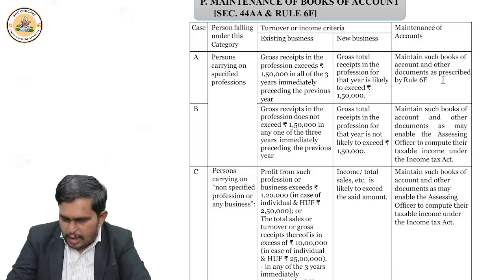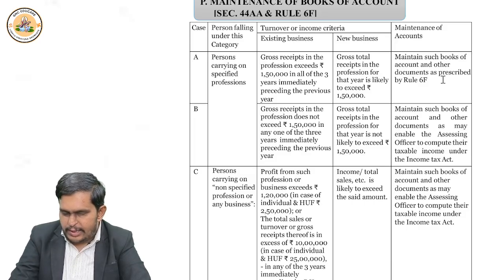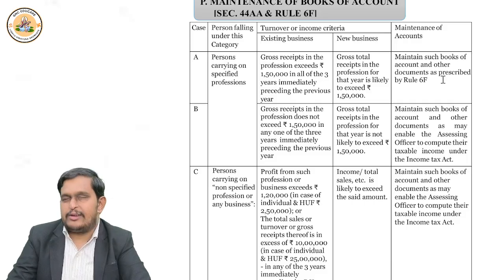Now you see gross receipts are 2 lakhs in 21-22, 3 lakhs in 22-23, 4 lakhs in 23-24. Oh, in all the 3 years it crossed 1,50,000. Then in that case, A will be applicable and you have to maintain books of accounts mentioned under rule 6F.